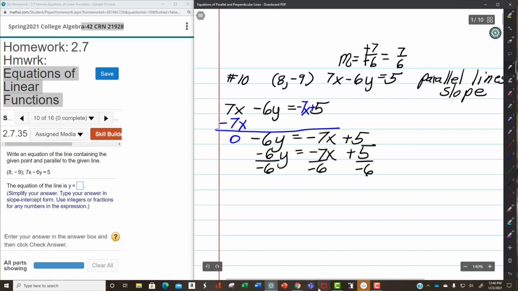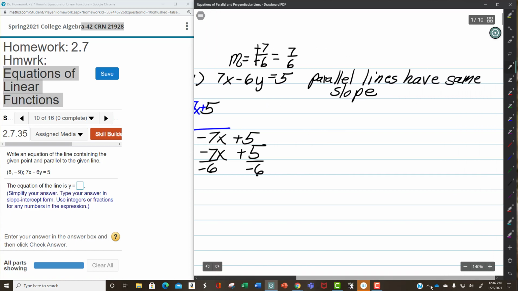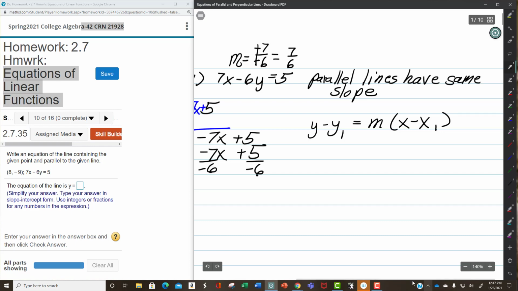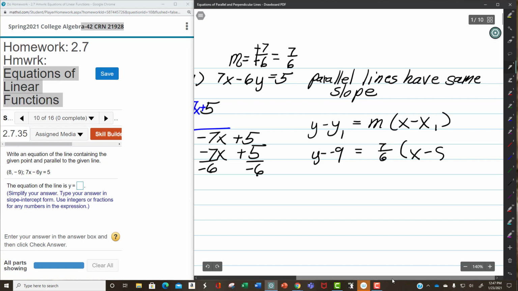Now I use the point slope formula. y minus y1 equals m times x minus x1. So taking a look back at the given point, y minus negative 9 equals 7/6 times x minus 8.